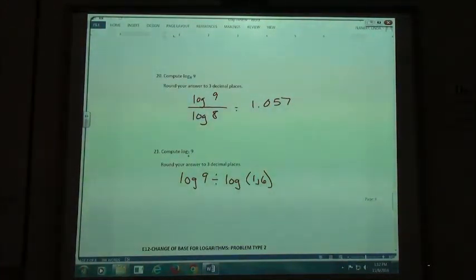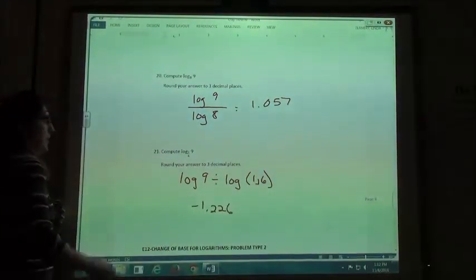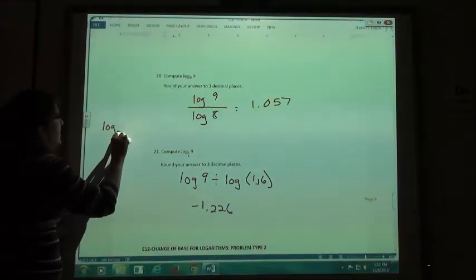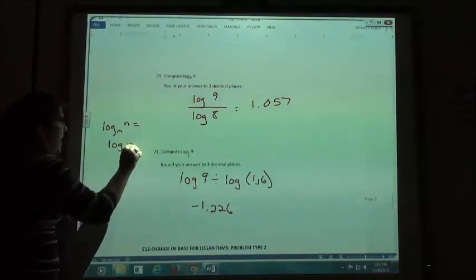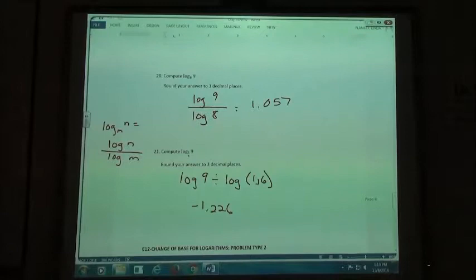Okay. And so you should get -1.226. So the log base m of n would be the log of n divided by the log of m. The outside number goes on top. The base goes on the bottom.